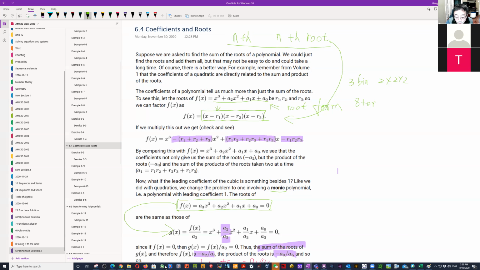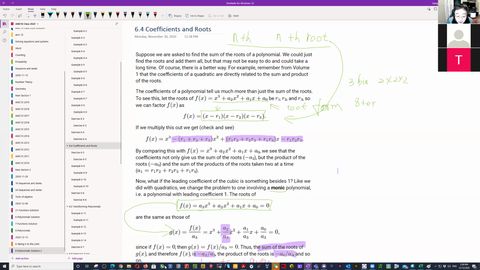There are only 3 combinations: r1 r2 plus r2 r3 plus r1 r3. Why do they become positive? Because two negatives multiply to be positive. So you will find this phenomenon of negative, positive, negative, depending on how many negative signs you pick up along the way.